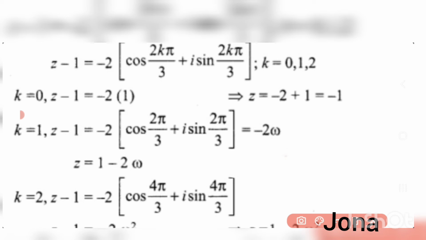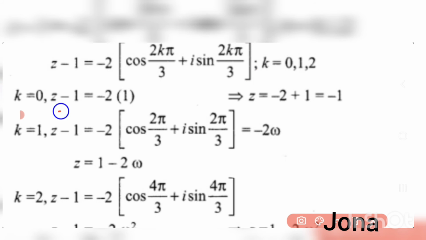If k equal to 0, it becomes cos 0 plus i sin 0. Sin 0 is 0 and cos 0 is 1, so in this bracket we have simply 1. So minus 2 into 1.